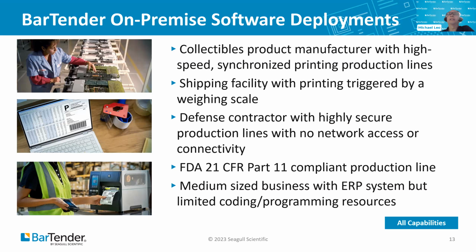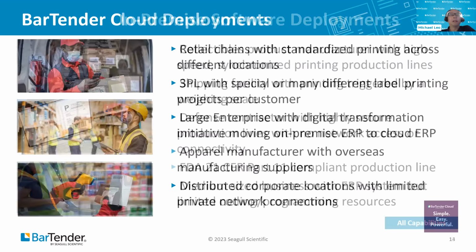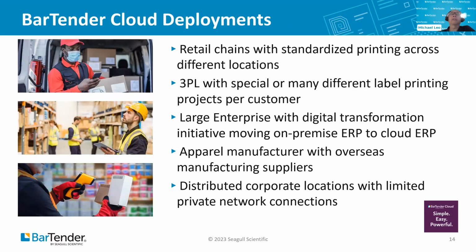That's great. All right. Well, I think that'll lead into our next little discussion here. So let us turn to the second deployment example, which is deploying BarTender in the cloud, or deploying BarTender Cloud, or a cloud-based labeling solution.